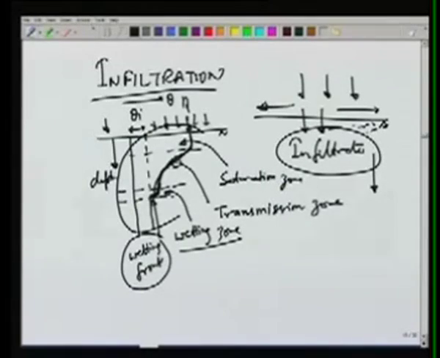Now once we want to estimate the infiltration, we should be able to solve this equation which governs the flow in this area. But this is a very complicated equation because all the voids are not filled with water. There is some air also. So the conductivity of this material depends on the saturation.